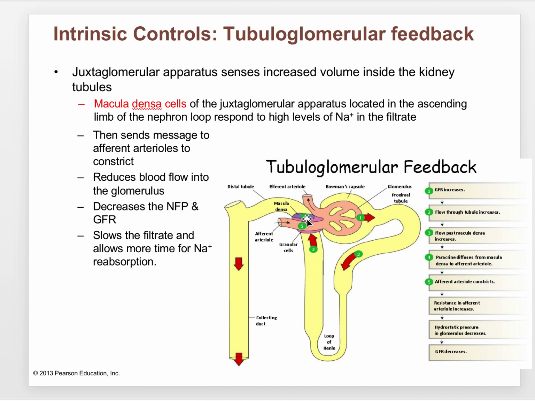So when sodium is high in the filtrate, that sends messages to the afferent arterioles to constrict, which reduces blood flow to the glomerulus, which decreases the glomerular filtration rate and slows the filtrate and allows more time for sodium to reabsorb. So the trigger is high levels of sodium in the filtrate, and the response of tubuloglomerular feedback is that the filtrate slows down and there's more time for sodium to be reabsorbed.